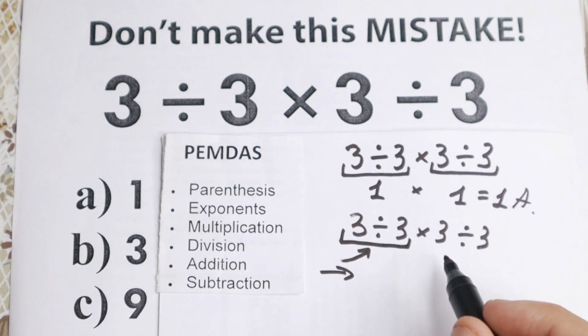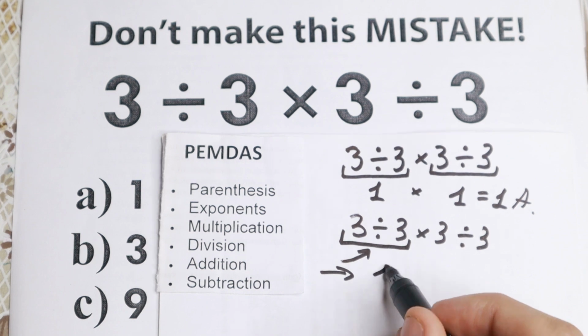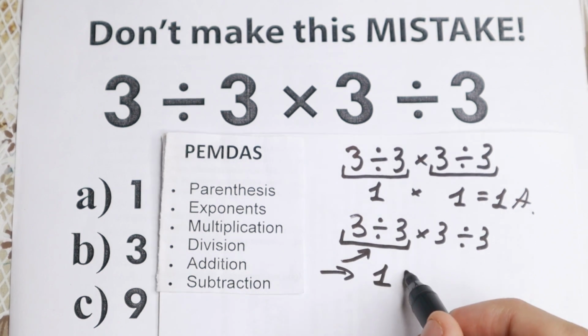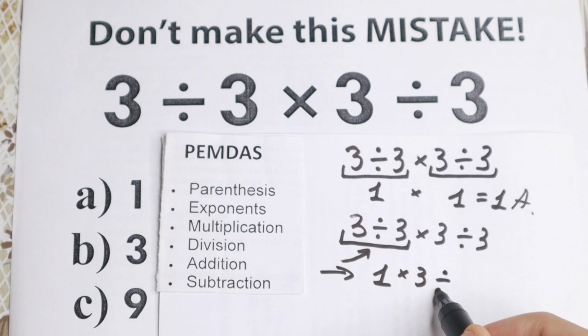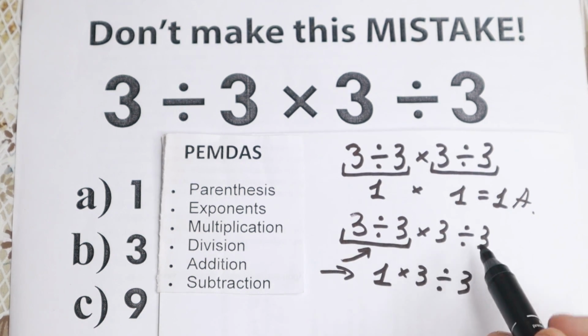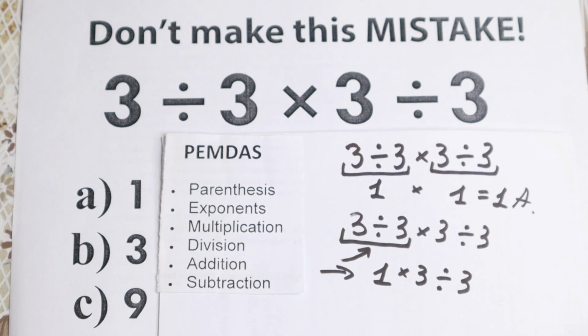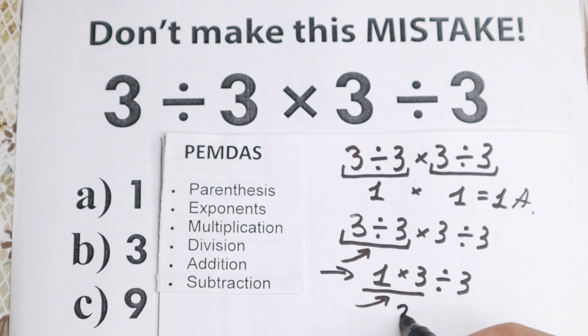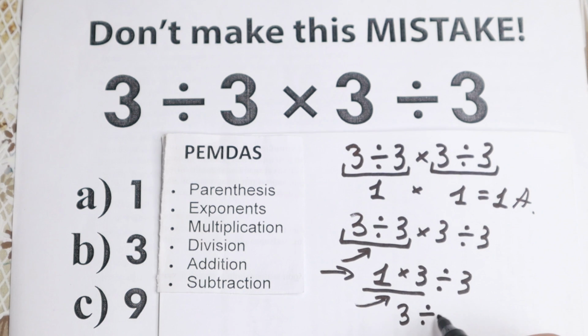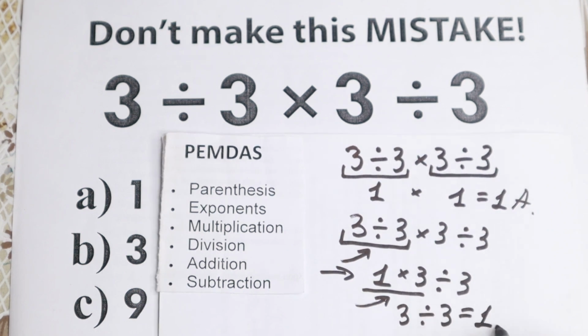3 divided by 3 equal to 1, and we still have the expression 1 times 3 divided by 3. Before we had 3 signs, and right here we have 2 signs, but that doesn't matter. What is the first sign from left to right? The first sign is multiplication. So 1 times 3 equal to 3, and we still have this division, 3 divided by 3 equal to 1.